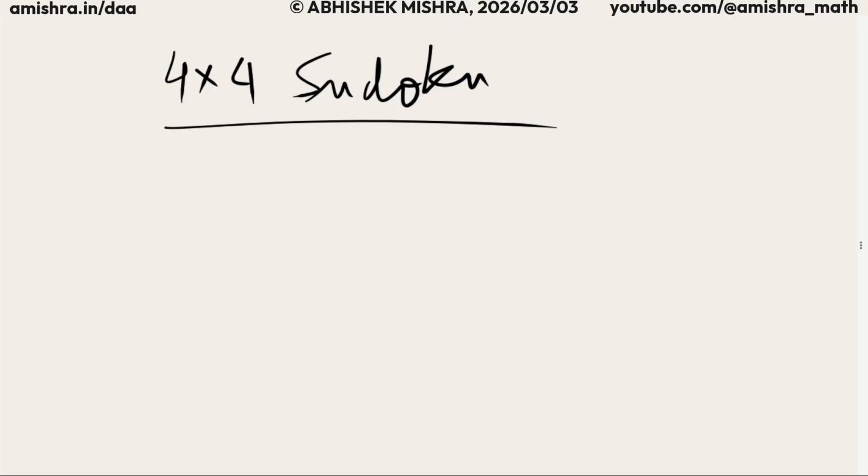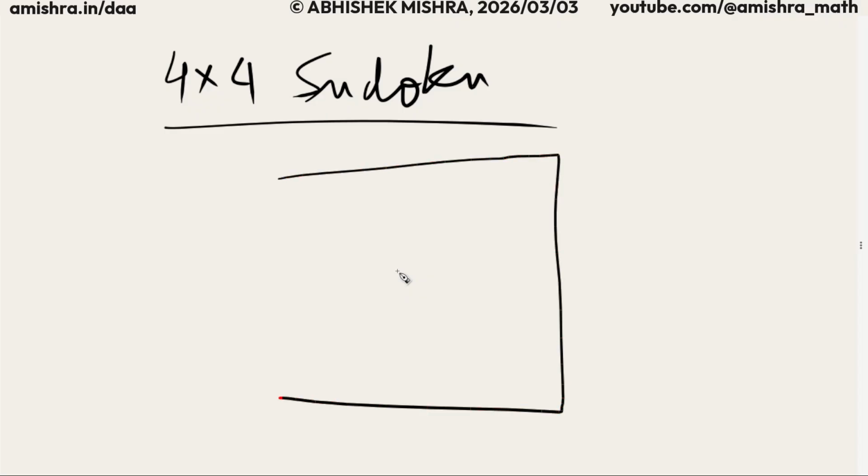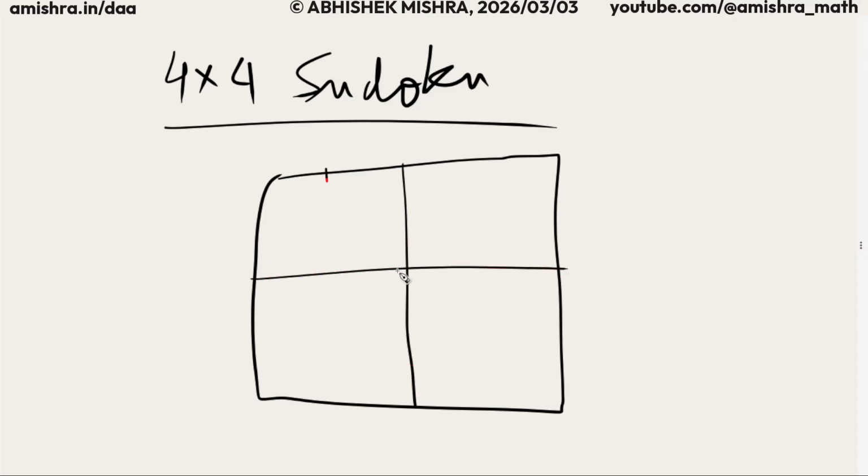So we know what is a Sudoku puzzle. So we make a 4x4 square like this, and this 4x4 square is further subdivided into 4 2x2 squares like this.